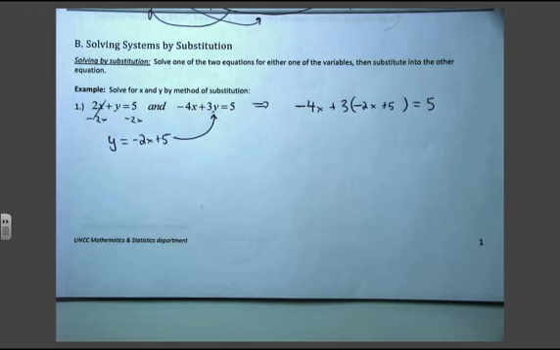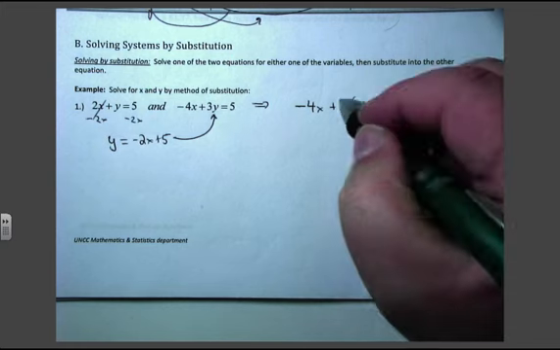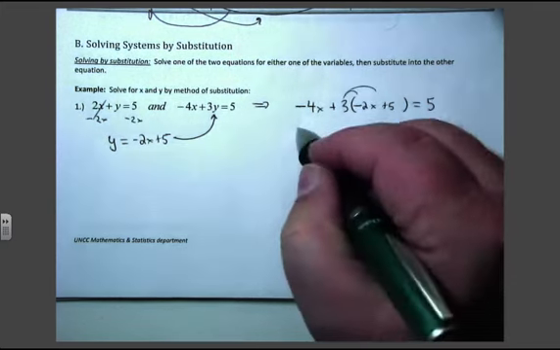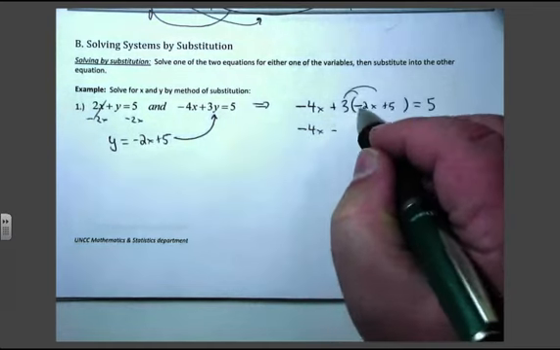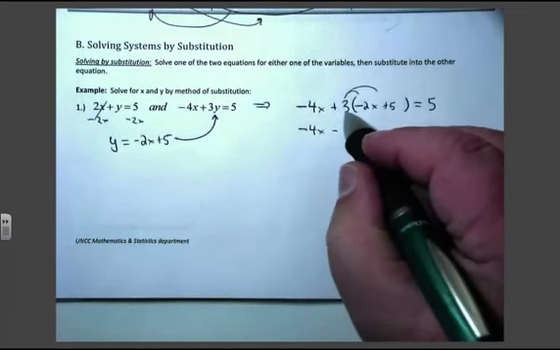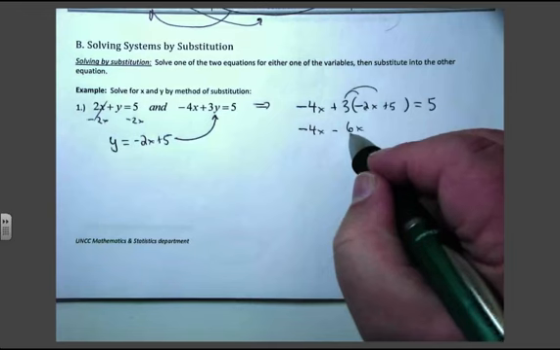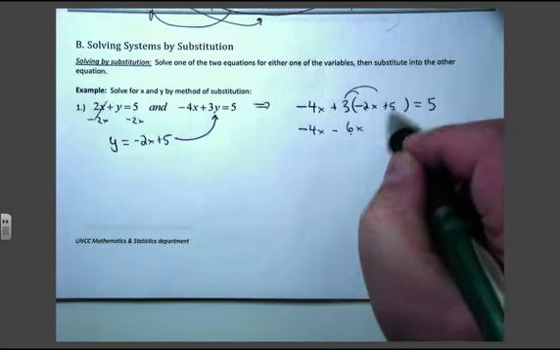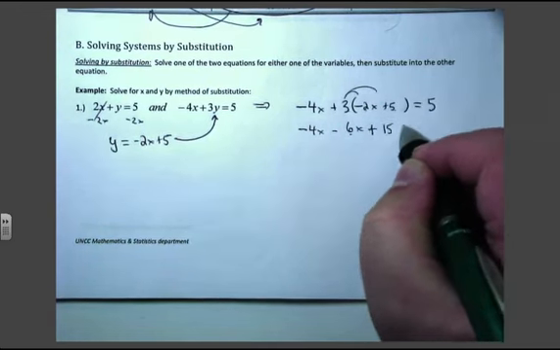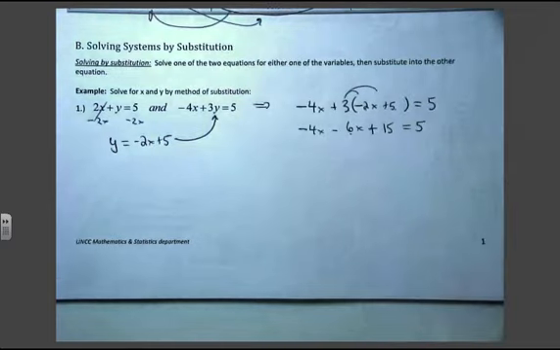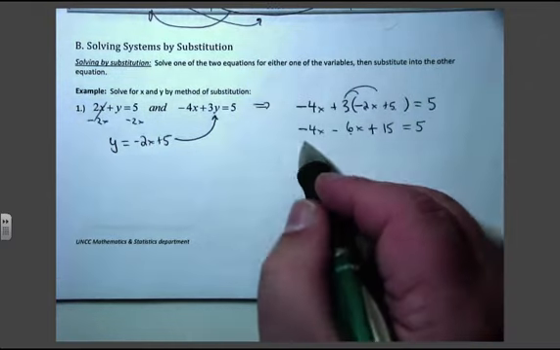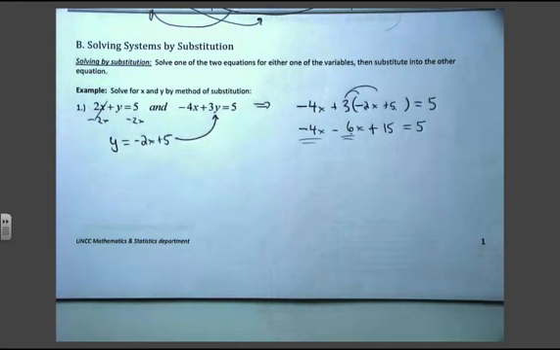Substitution. But what you've got now is an equation with just one variable in it. How are you going to solve for x? What's your next move? Let's practice some algebra here. I'm going to distribute the 3. This gives me negative 4x minus 6x. 3 times a negative 2x is a negative 6x, and 3 times a 5 is a plus 15, equals 5. Combine like terms. What is negative 4x minus 6x?